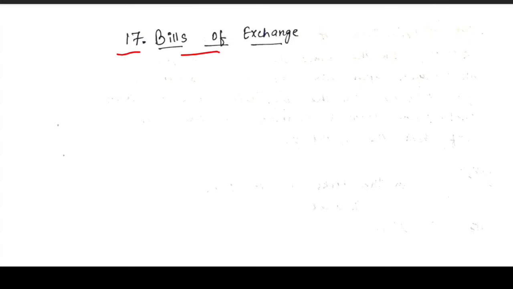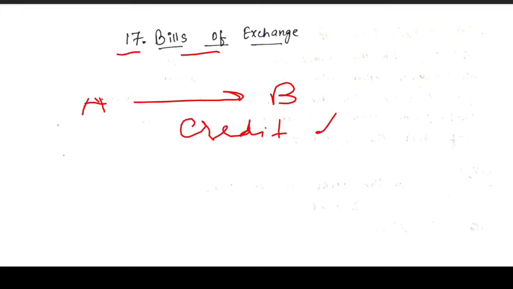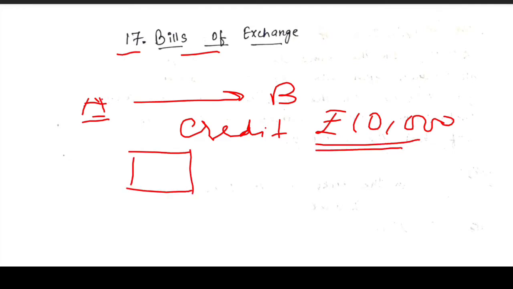Now what is Bills of Exchange? Let's take one example. Suppose A sells goods to B on credit, say for rupees 10,000. After selling the goods to B on credit, A prepares a bill.